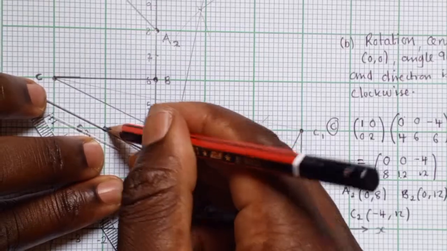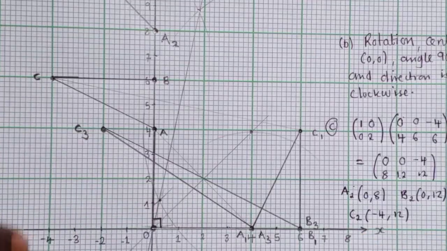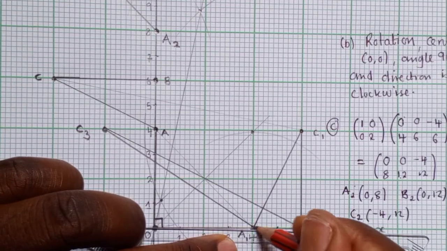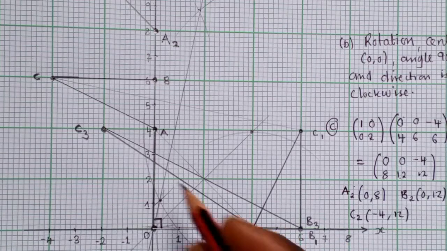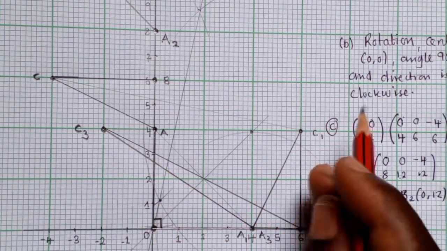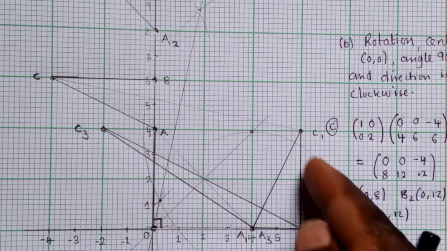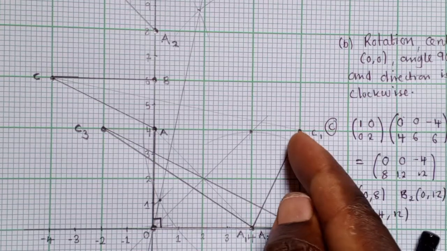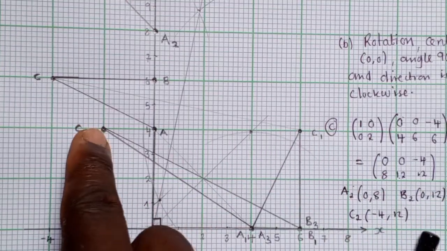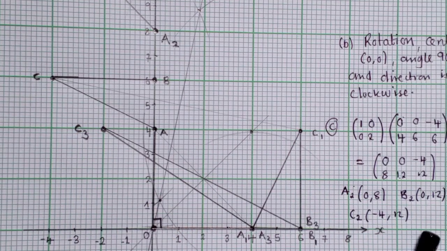So when we join, they will look like this. This is what we needed. And if you can see nicely, this is a shear. This point has been taken to this point. It's only one point which has moved.